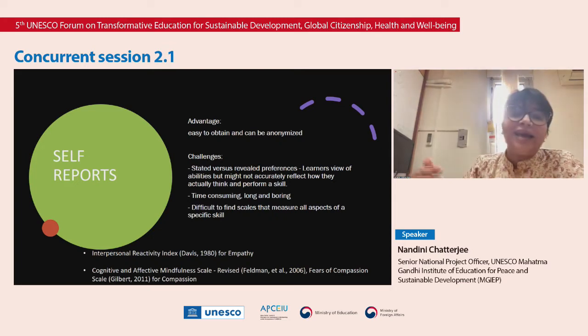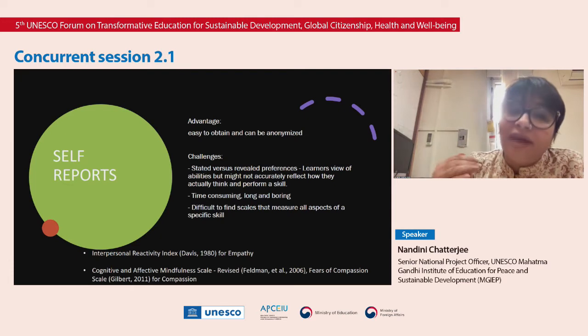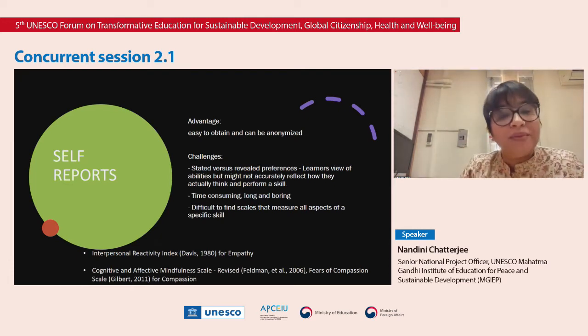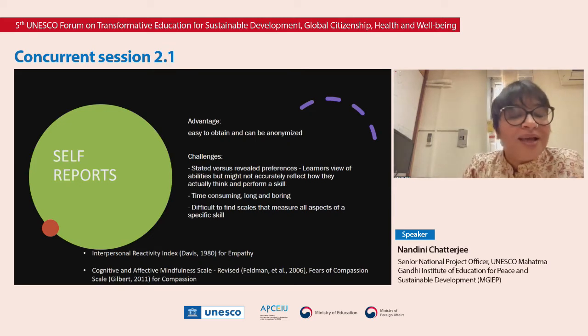Time and again, and children, mind you, are very smart. They know what is expected behavior of them. Whether they want to practice that behavior is a secondary matter. So we therefore have to find ways to get around this challenge of self versus stated preferences.